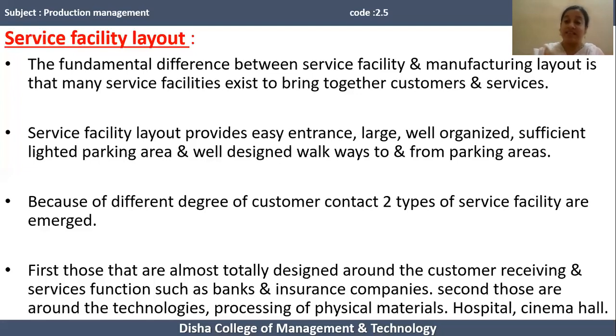There are some service providing organizations that provide service to a customer by using various types of technologies and various types of materials. For them there are different types of service facility layouts. In the first service facility layout, the organization doesn't use various instruments or technologies for providing service to the customers.